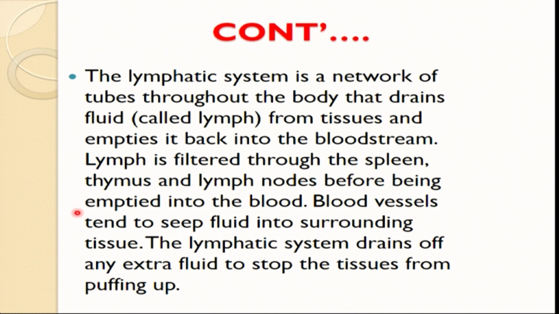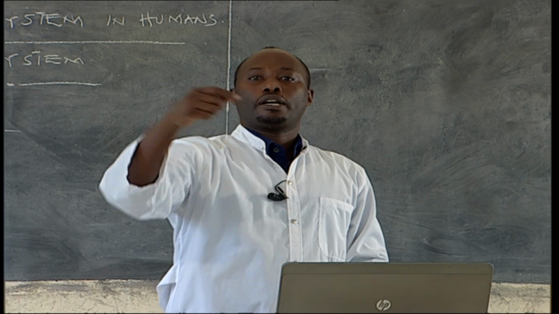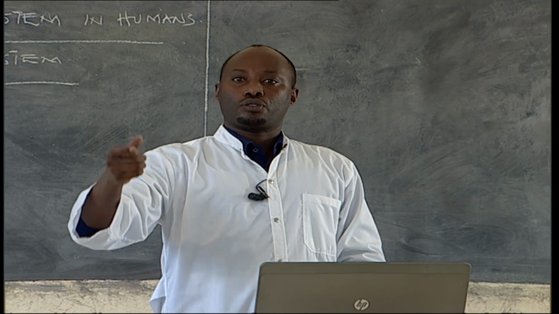You have seen it in marsh areas where people are cultivating rice. Water is not released just anyhow. The water has to be returned. So the lymphatic system is able to return the lymph fluid into the bloodstream.